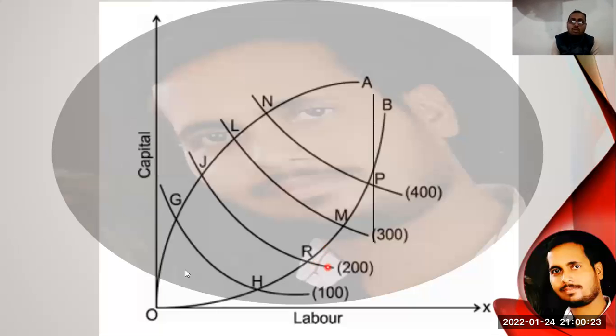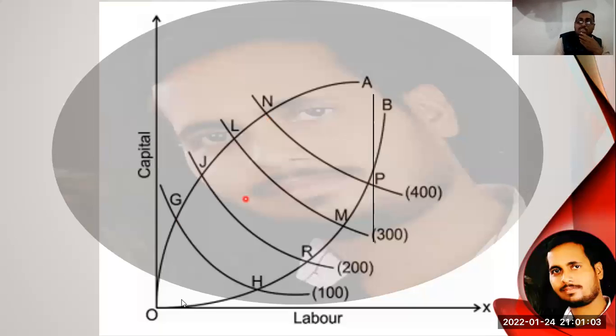So student, the ridgeline is the production area, the production boundary of the entrepreneur while using the various isoquant map. An isoquant map means where more than one IP is there. So here IP 100, IP 200, IP 300, IP 400. In this map, we get the boundary of transmitting capital and labor where the entrepreneur does the expansion path or locus of production at different levels.